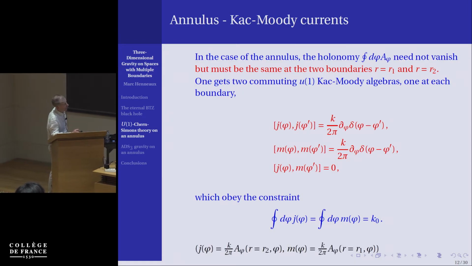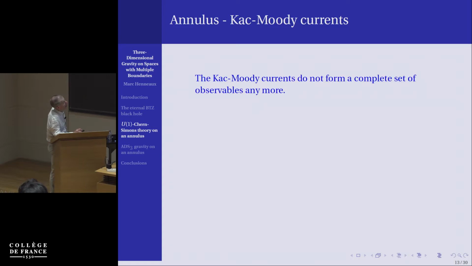So this is just what I said. And at the same time, you can see that the Kac-Moody currents, even subject to the holonomy conditions that I wrote, do not form a complete set of observables anymore. There are additional quantities which are invariant under proper gauge transformation, so under gauge symmetries that vanish at the boundary, because those are the only ones by which we can factor out.